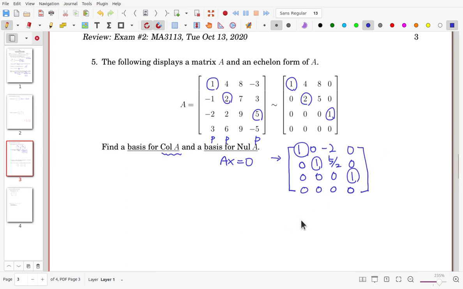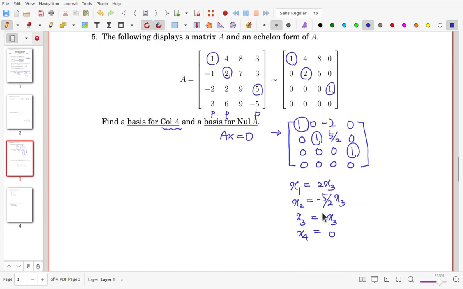From the first row, x1 equals twice x3, and from the second row, x2 equals minus 5 over 2 x3, and x3 is a free variable, so x3 equals x3. How about x4? x4 must be 0.